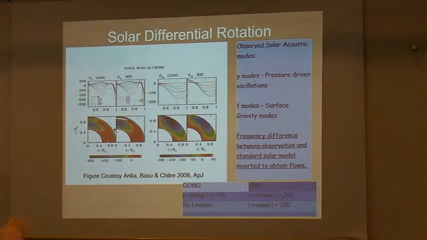The difference between GONG and MDI results is that they use different fitting for frequencies, different models for fitting. The GONG team looks only at modes that are usually resolved, because of rotation the frequencies are split. But the splitting is very small, and in many cases it's smaller than the line width, so the modes are not resolved.